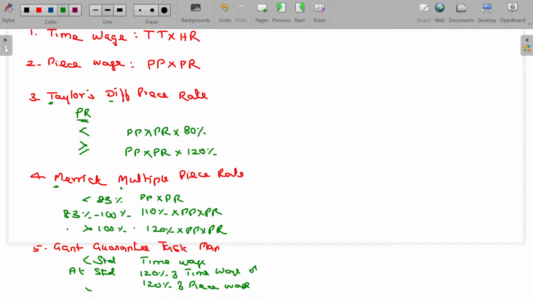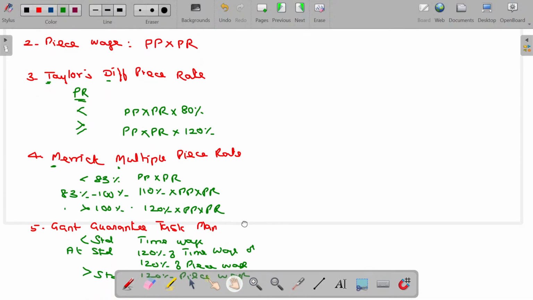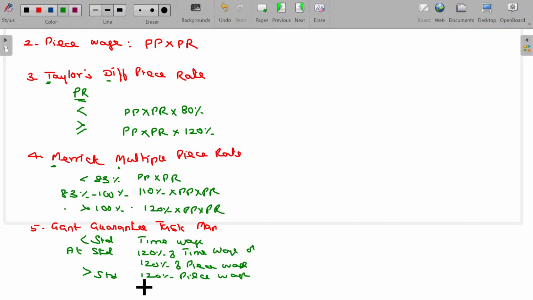Above standard, 120% of piece wage will be given, or a high piece rate will be given.